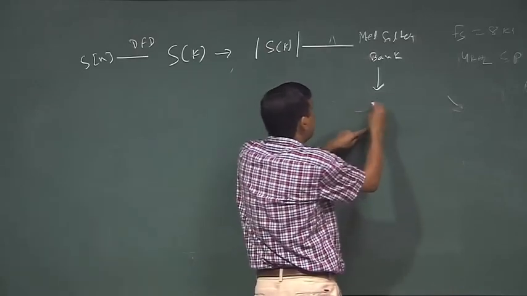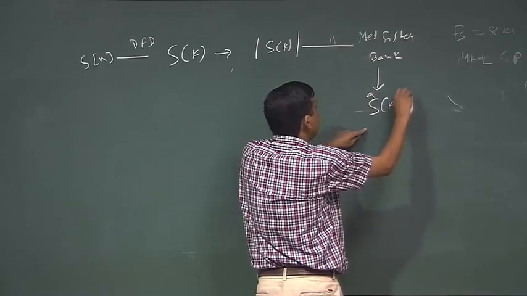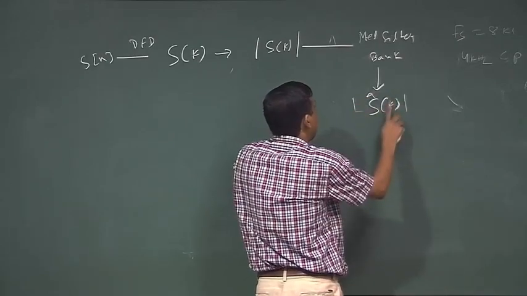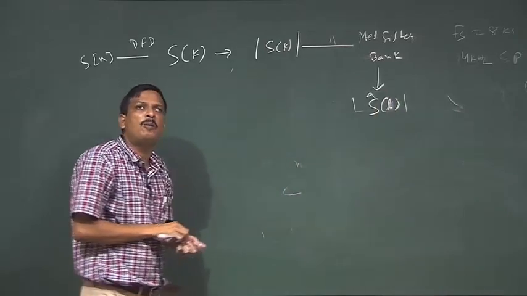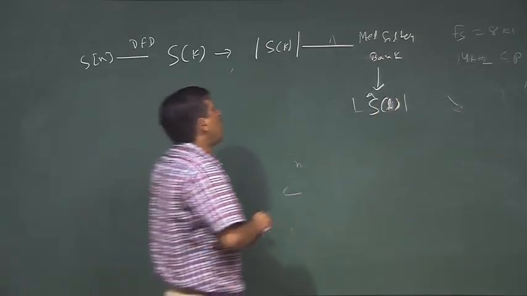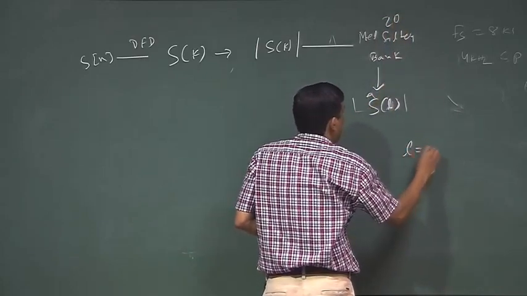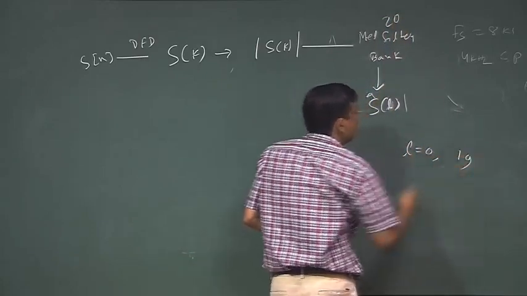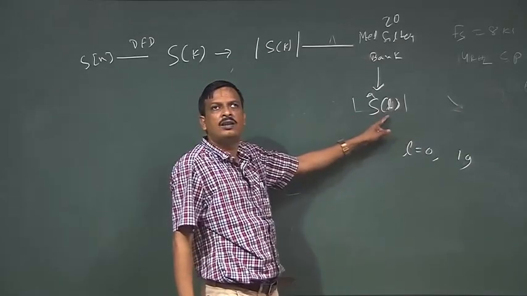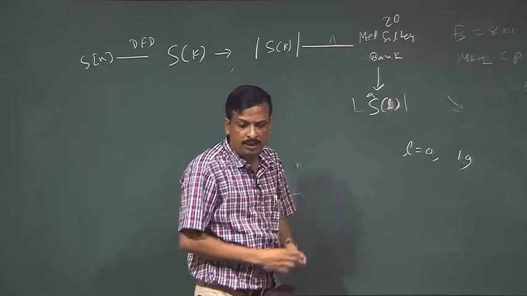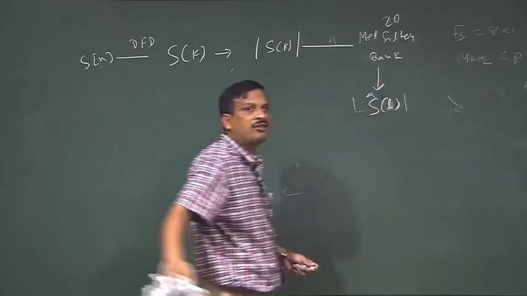Instead of frequency, I get S cap k, which is in mel scale, or instead of k, I can write L, where L is the number of analysis filters. If it is a 40 filter or a 20 filter bank, L varies from 0 to 19. So, I can get the number of filters. Once I pass through the mel filter, I get the mel spectrum.